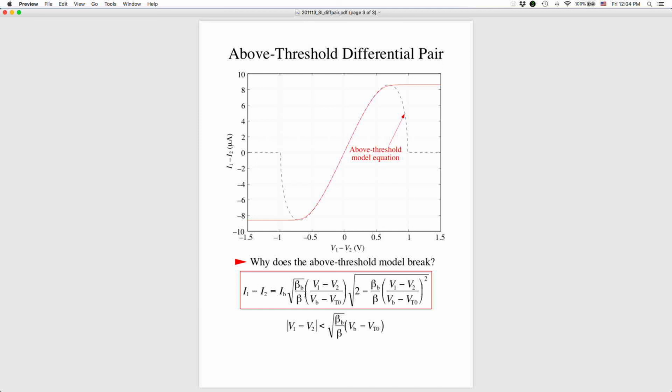It's doable. You might wonder, is it possible to do a large signal analysis of the diff pair transfer characteristics with a full-on EKV model, the log squared of 1 plus e to the x over 2 that would hold in moderate inversion and wouldn't be subject to this kind of breakage that we see with the above threshold model? And it is not possible to do the voltage to current transfer characteristics using the full-on EKV model.